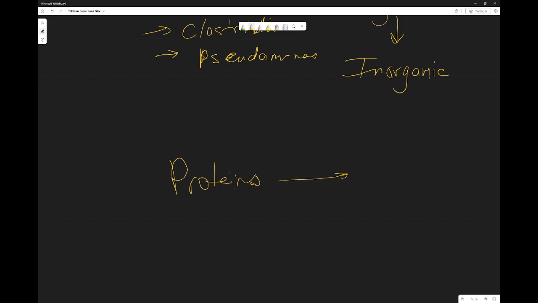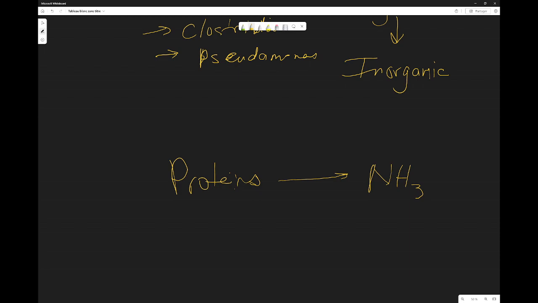Proteins are deaminated, allowing amine groups to be removed, creating some amount of ammonium. This is where most of the ammonium would come from.